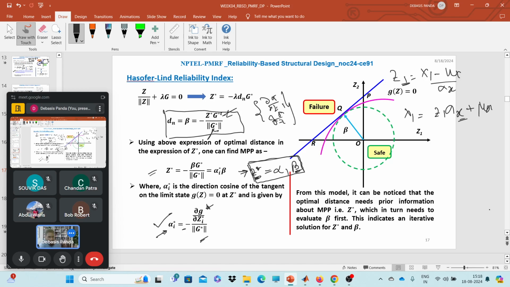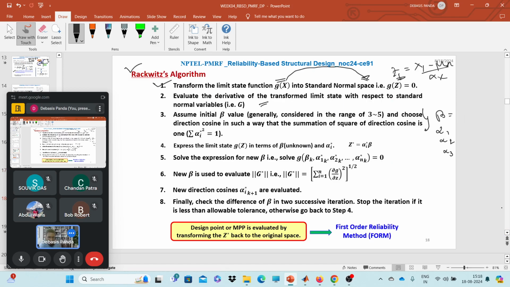Now, once we have that, we can evaluate the expression of the limit state as g(z), and we know that in the z domain at the design point, z star equals alpha i times beta. So we can formulate an equation in alpha i and beta on the standard normal domain, and we can solve for beta, right?